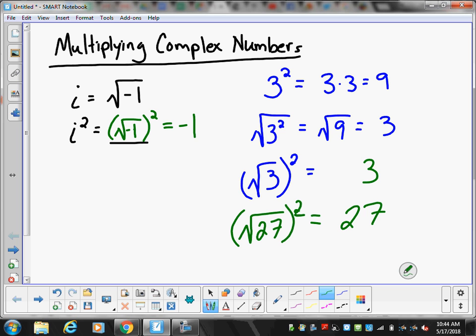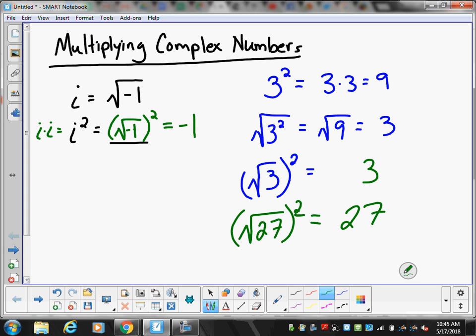It's what's underneath that square root, so that's equal to -1. It's not equal to the square root of -1, it's equal to -1. So if I take i times i, that's i squared, and i squared is equal to -1. If we need to get rid of the i, for some reason, like when solving equations, one of the ways you can do that is to square both sides, or in this case, just square the one piece.